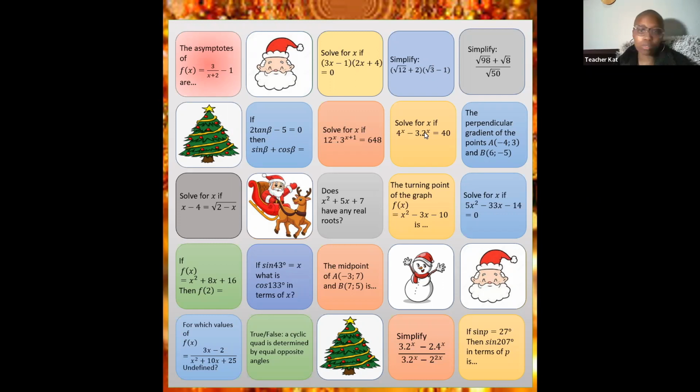Zanele says x equals 3. Okay, Asta says x equals 3 as well.